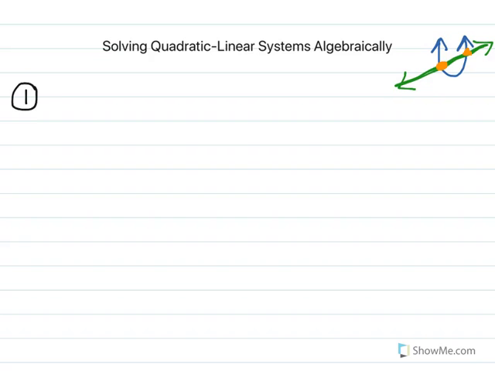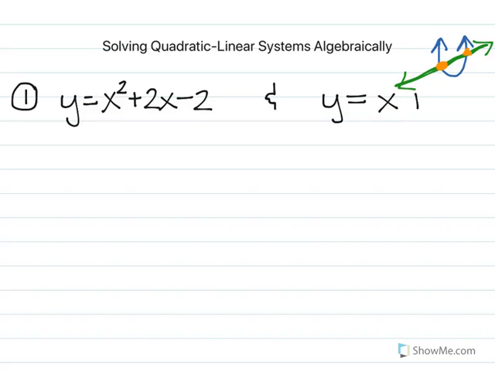So the first example we have is y equals x squared plus 2x minus 2. And then the other equation, the linear, is y equals x plus 10. And what we need to do is figure out a way to put these 2 equations together to determine the intersection points.